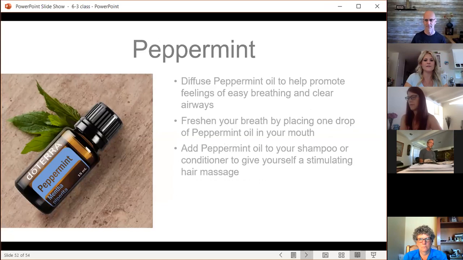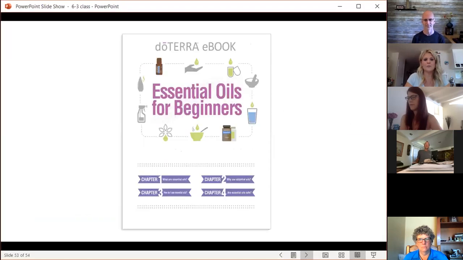It's really good for your hair, and it feels really good when you wash your hair with a little bit of peppermint in there too. But it is the best oil right now to help us if we need to open up our airways.